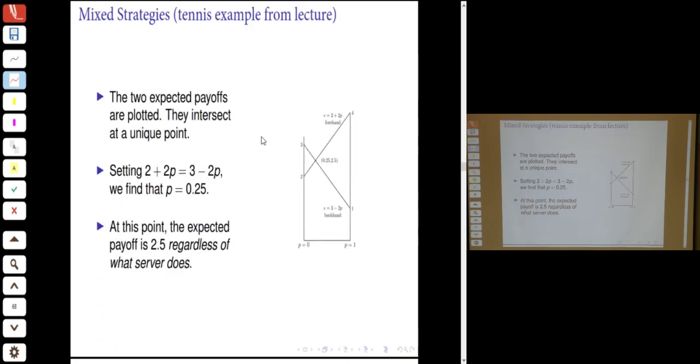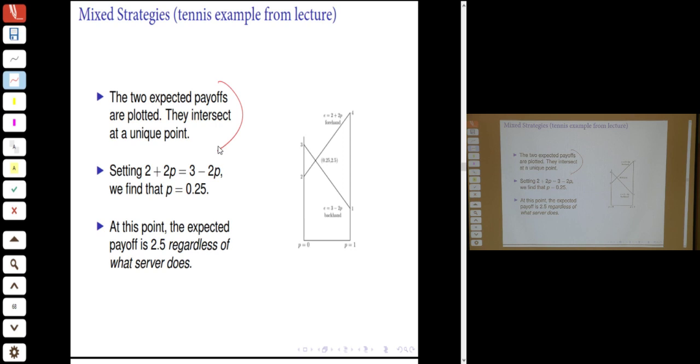This is going back to the tennis example from the lecture. I'm not going over the details of that example here, just to show the way you deal with mixed strategies. If you are looking at the point of view of one player, suppose this player mixes the two possible strategies in proportion p.